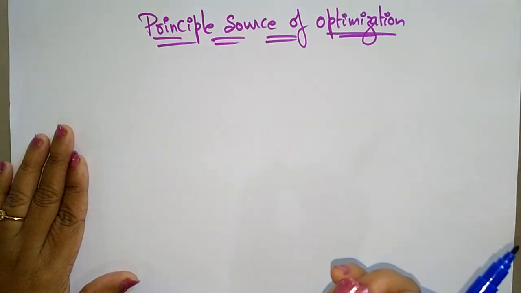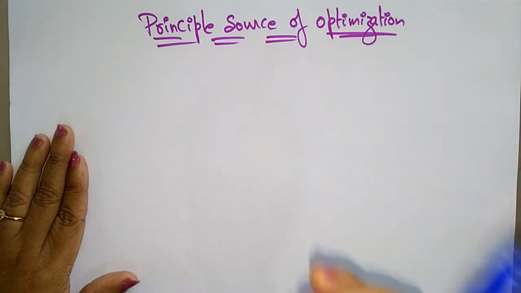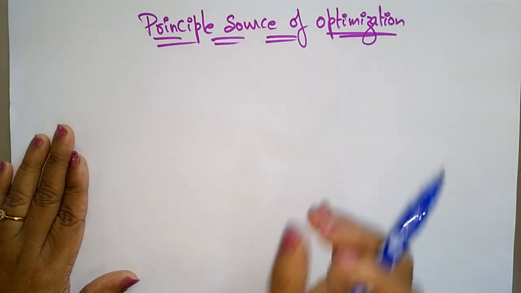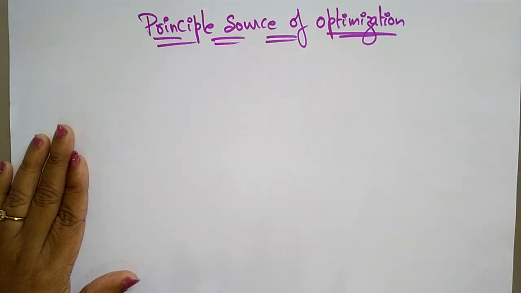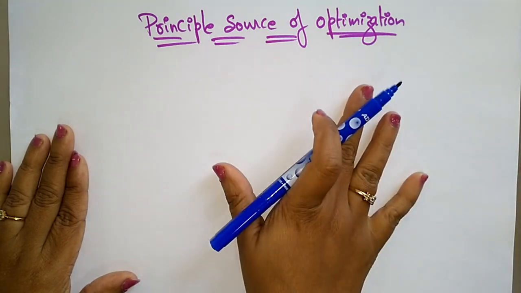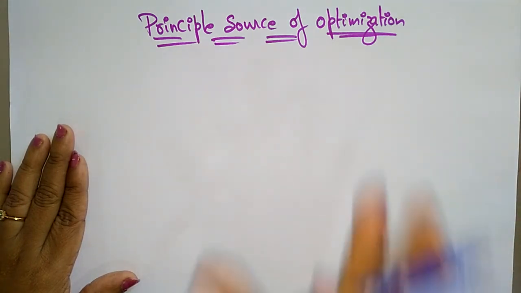So you're optimizing the program and making it run faster, and the main aim is to take less space, to occupy less space in memory. That is the main concept of optimization: reducing, and it has to run faster.